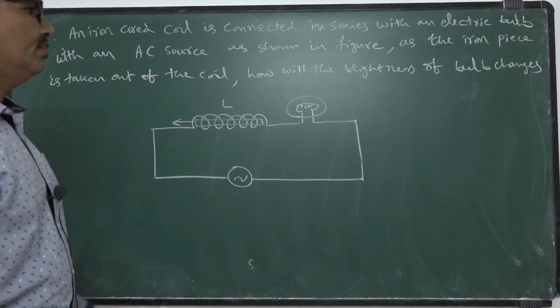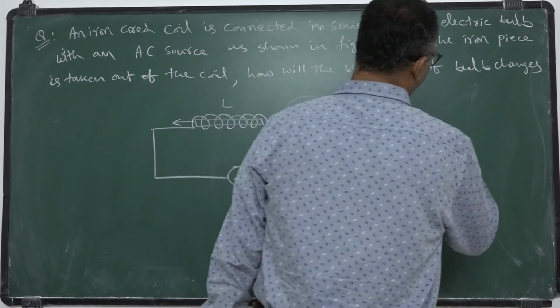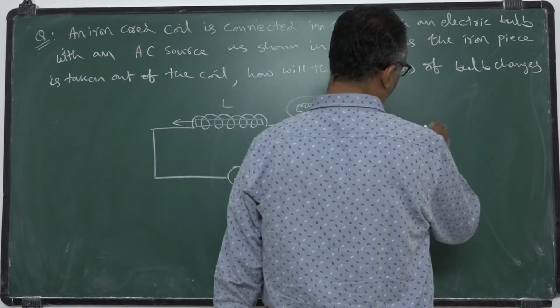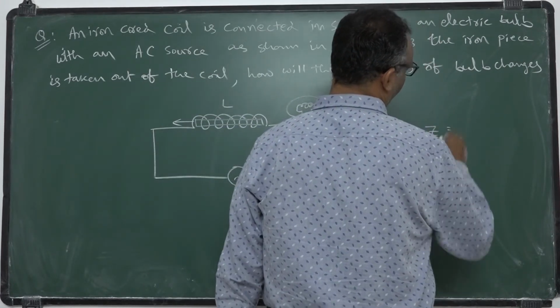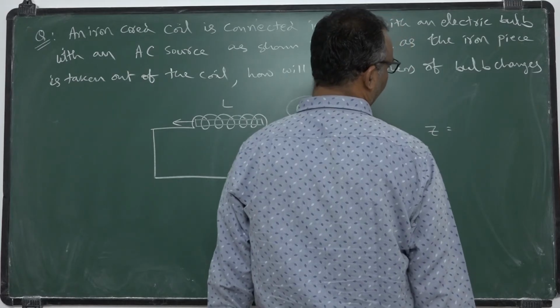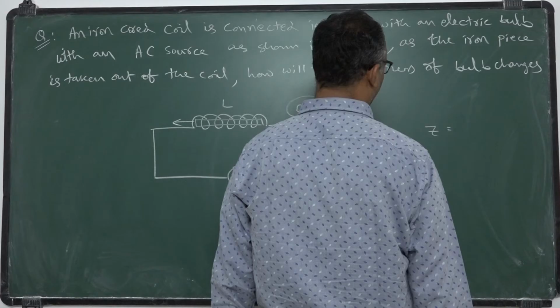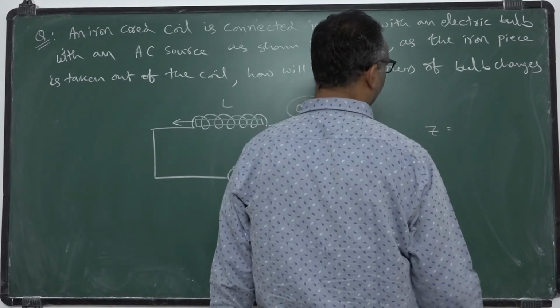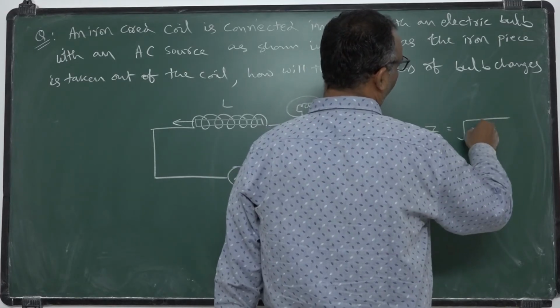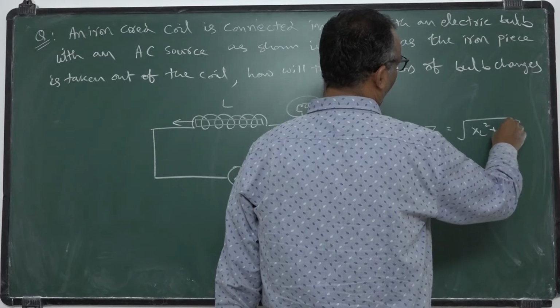Already we studied it. Impedance in the circuit is nothing but square root of XL square plus R square.